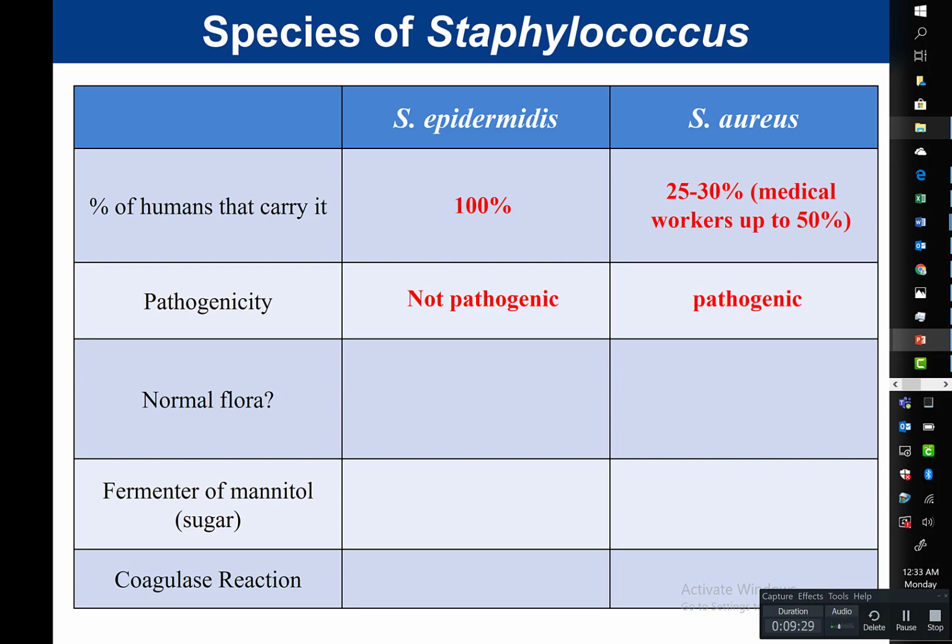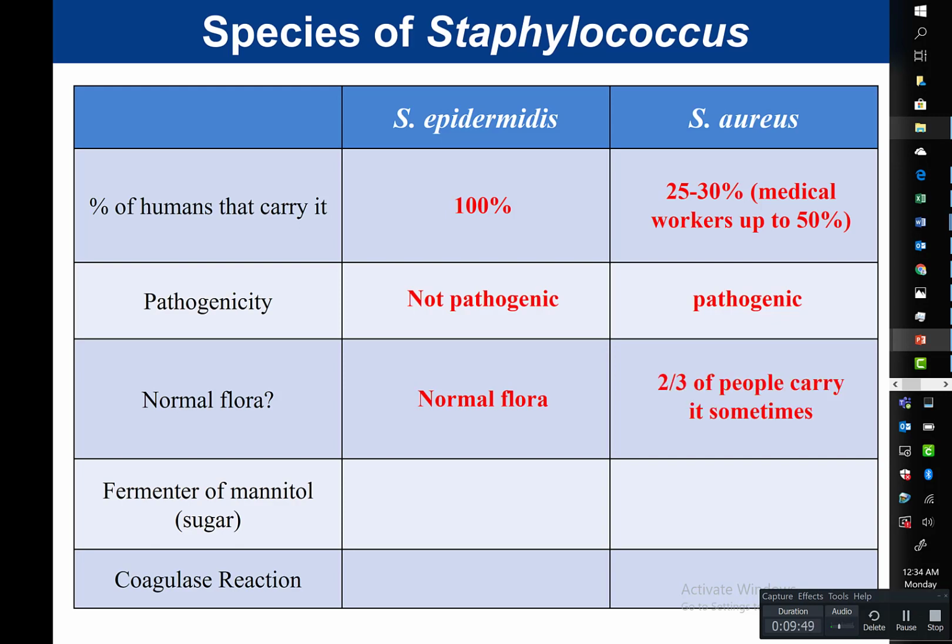Staph aureus, on the other hand, can be pathogenic. It's not always, right, because people do carry it as part of their normal flora, but it can be pathogenic.